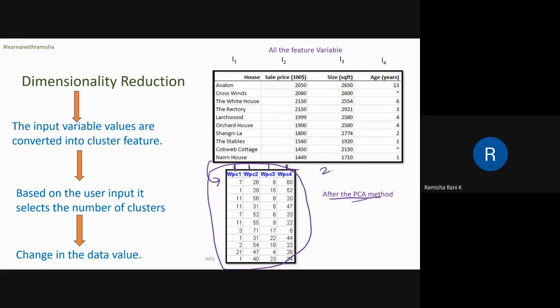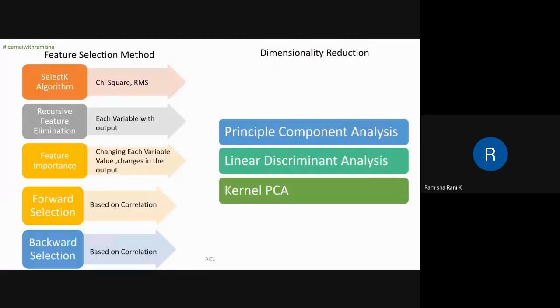If you want only 2, you can specify 2 in your programming so that you get only the first 2 principal components. So entirely, using some PCA calculation, we are changing the entire values into separate values. We'll see how it works.